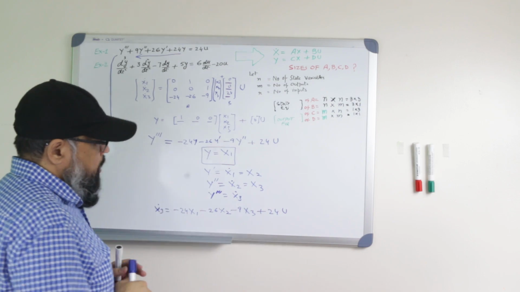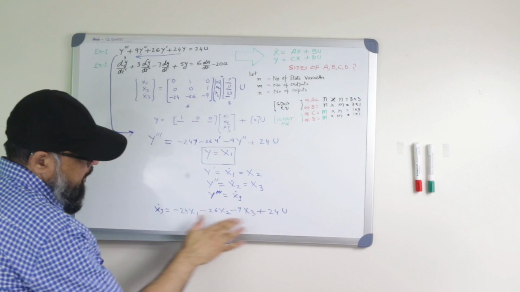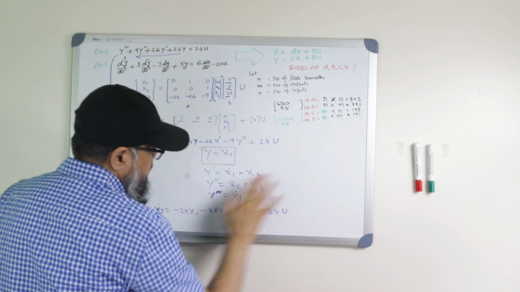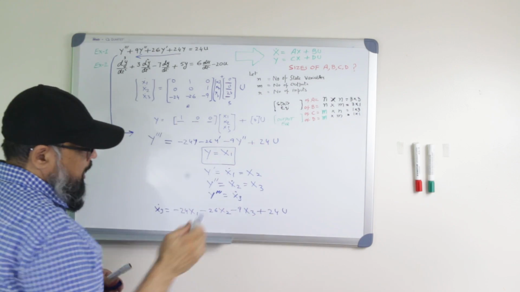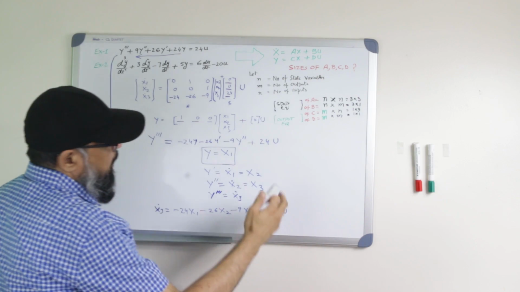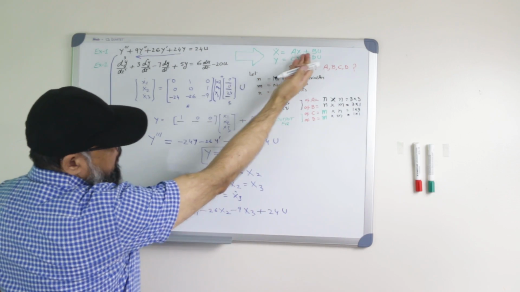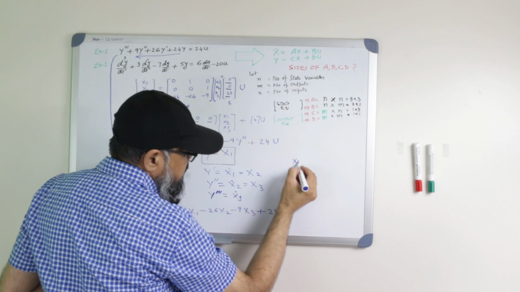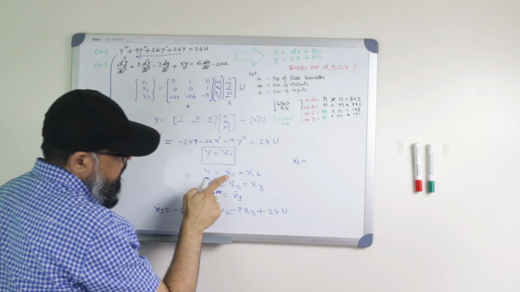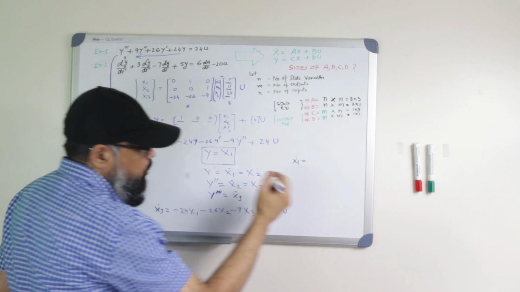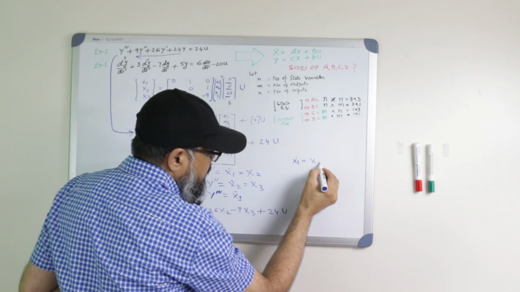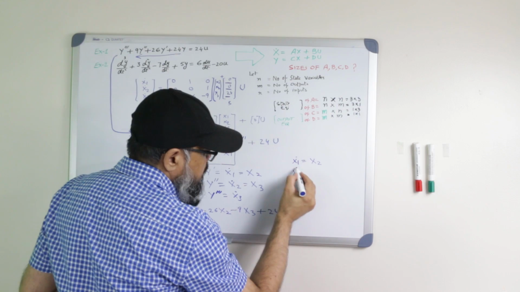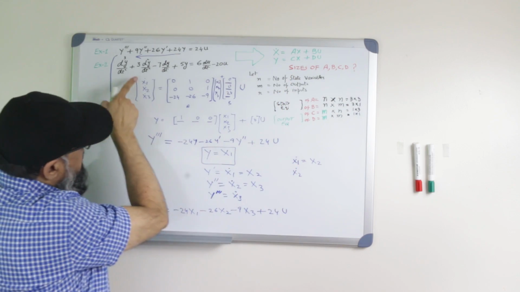So how? First, I will write this equation here so that I can delete all this, but first I just move this to the right hand side, in the way these are written in the state equation. So I will write x1 dot first: x1 dot equals x2. Then I write x2 dot because of this form.